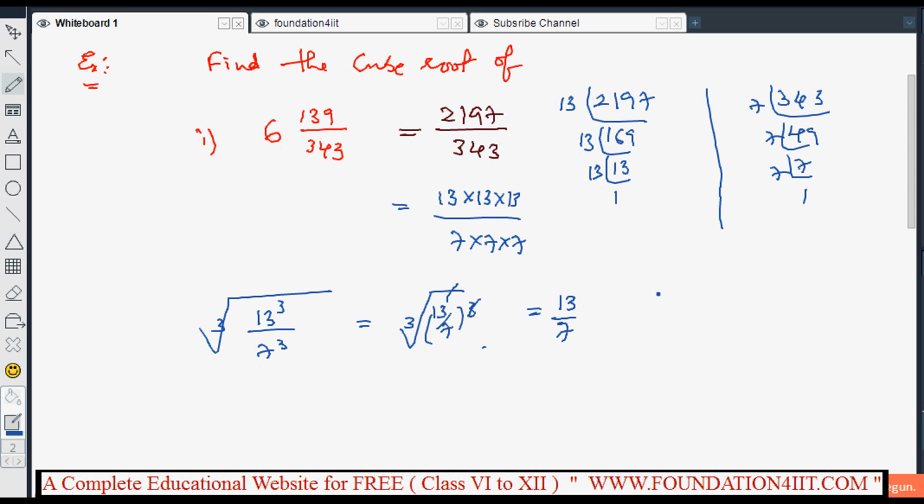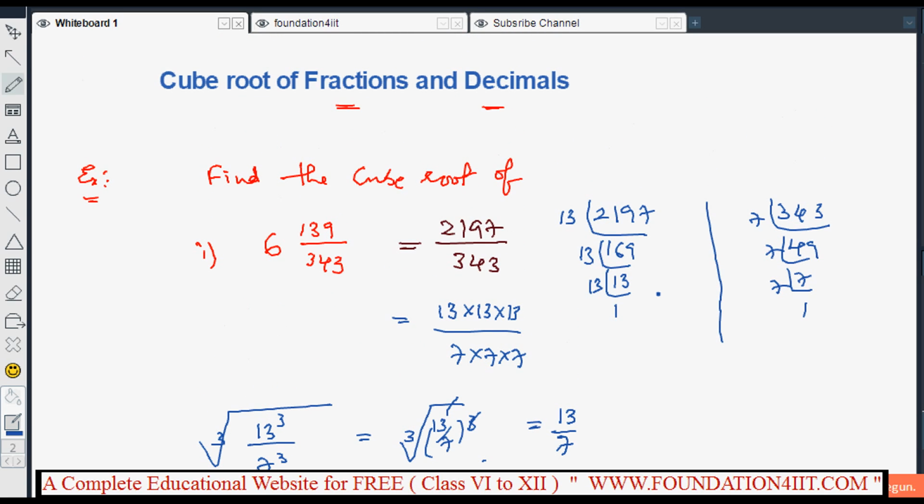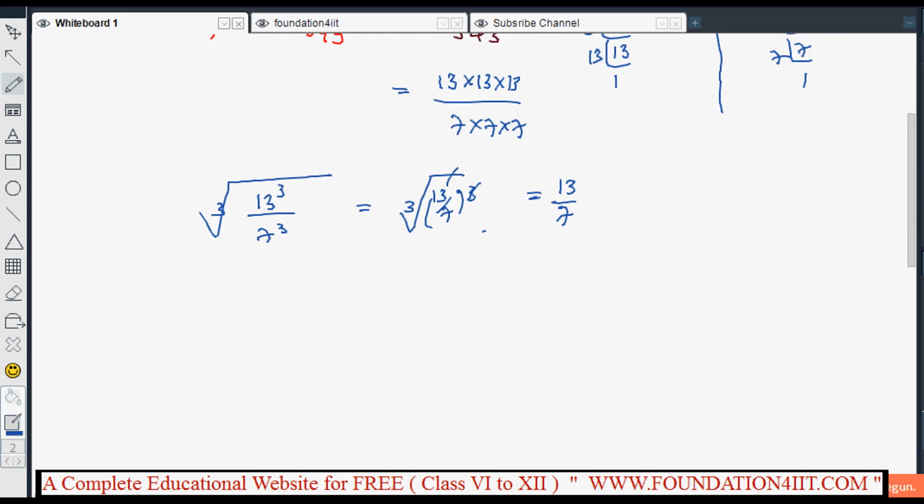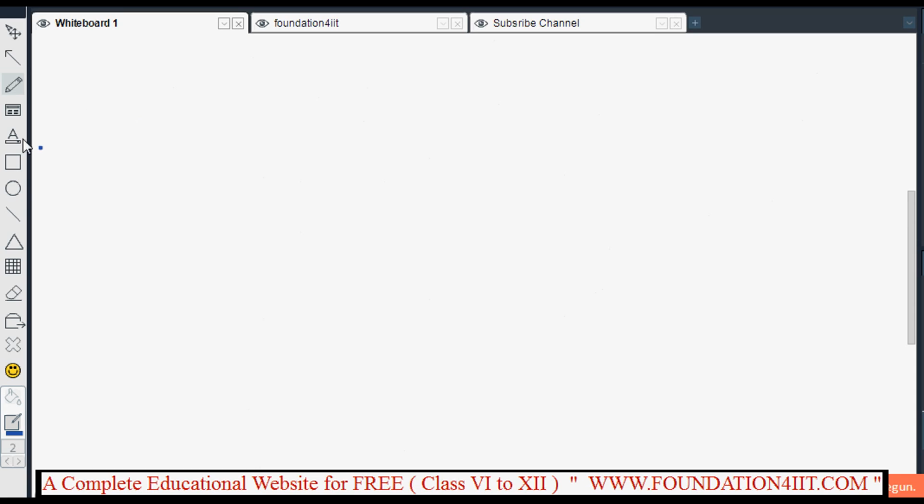Similarly, whenever we are given decimals, this is the cube root of fractions and decimals also. Let me take one question for decimals. So find the cube root of 19.683.